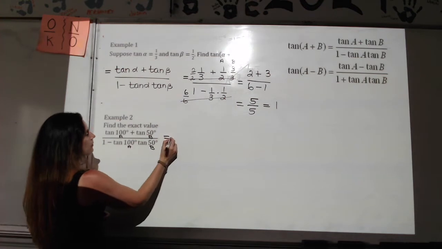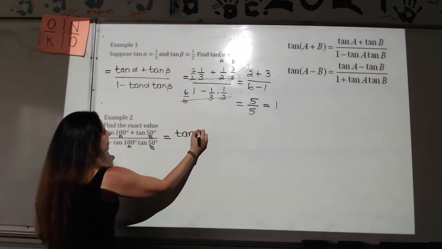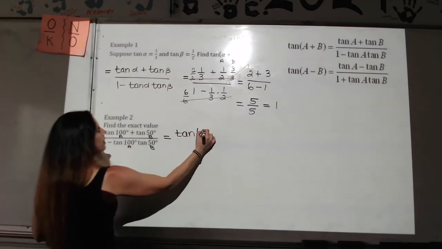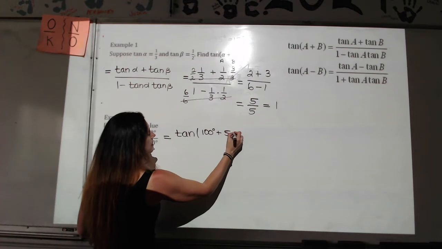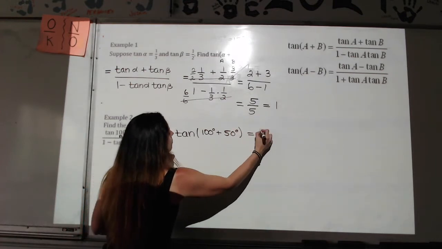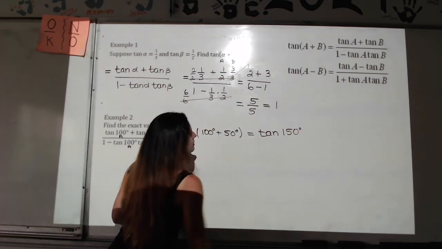Working that formula backwards, that means all of this is the tangent of A, 100 degrees, plus B, 50 degrees, which is the tangent of 150 degrees.